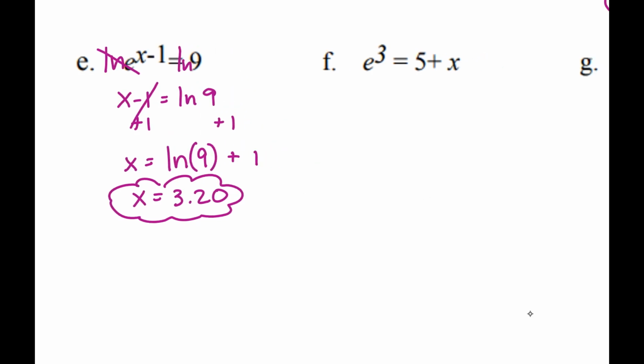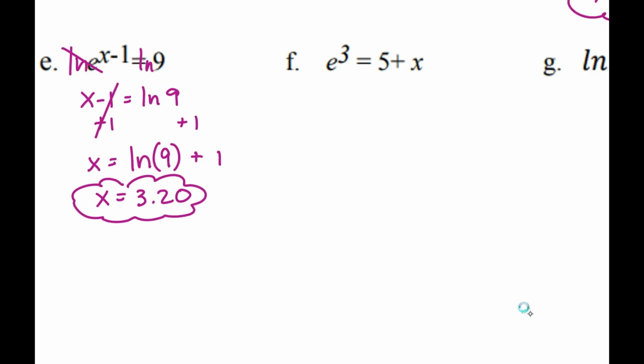What are we going to do here in letter F? Okay, on this next one, what do you do? This is the easiest one on this paper. No one should have their phones out.